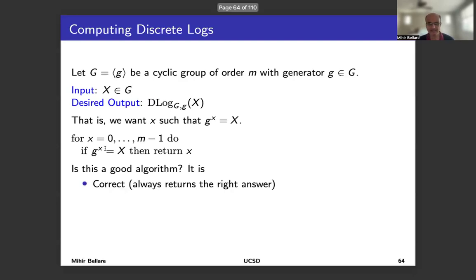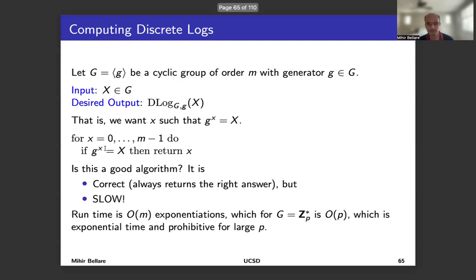So why are we saying it's hard to compute discrete logs? Well, we've kind of already seen the issue. This algorithm is much too slow. Its runtime is the number of group elements, or the order of the group, because that's the number of iterations in this loop. But we are interested in groups of order that is extremely big.